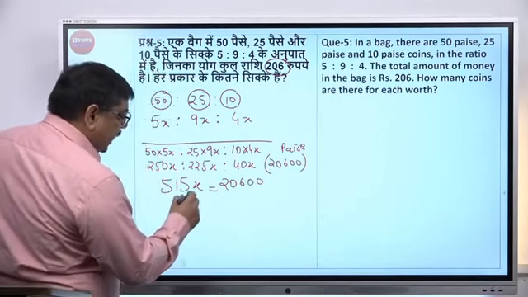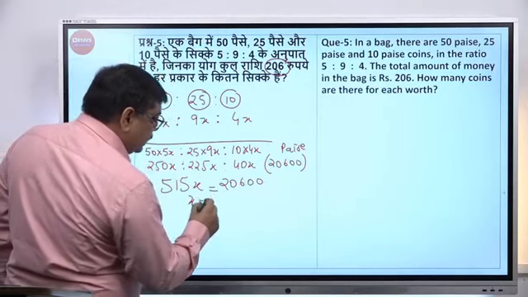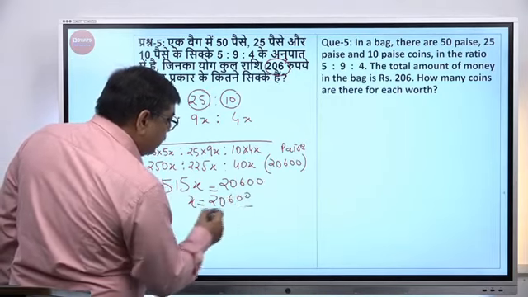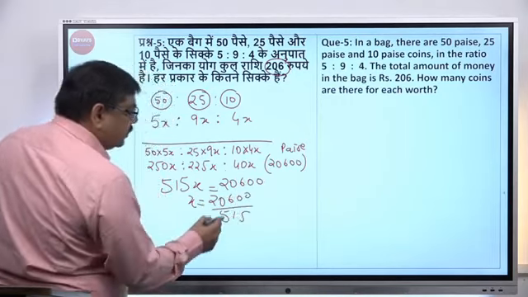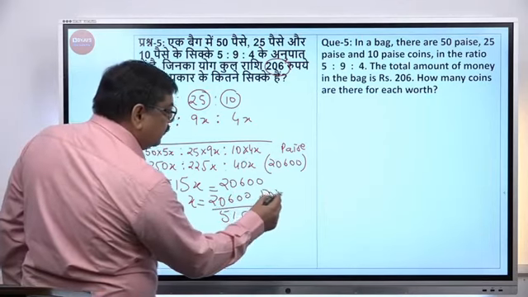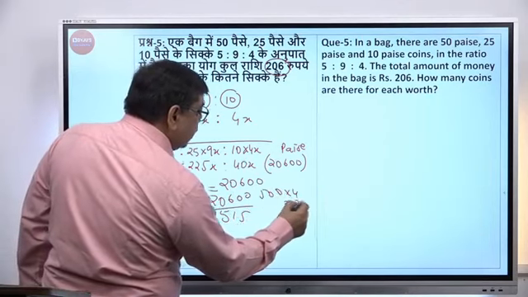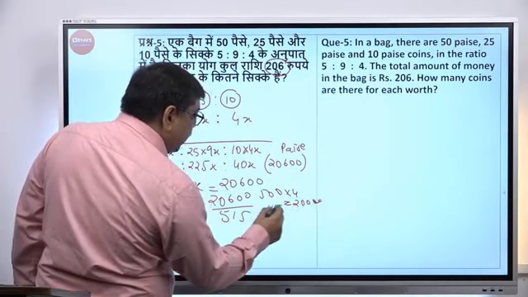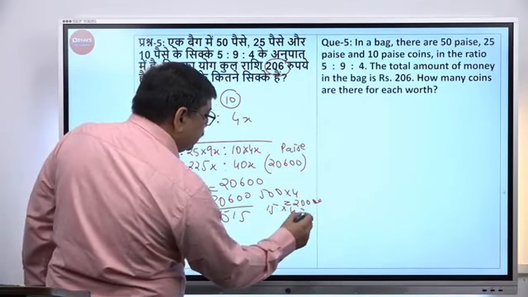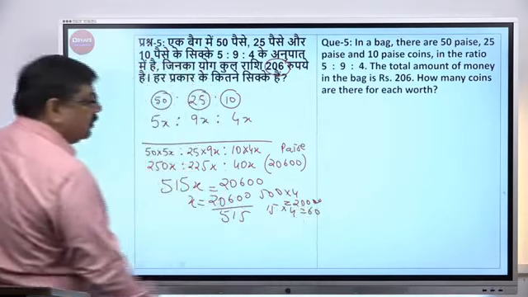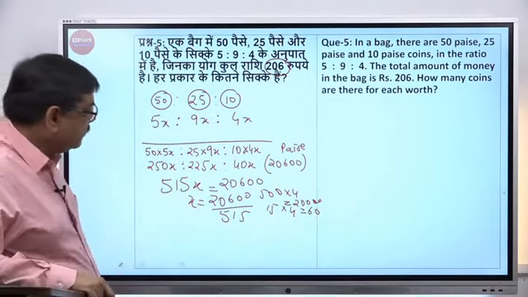Okay. So x here is 20600 divided by 515. So 500 into 4, you know, is 2000, so 500 into 40 is 20,000. And 15 into 40 is 600.